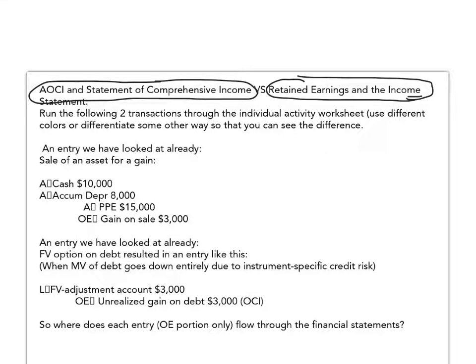So the income statement accumulates temporary accounts that are closed to retained earnings. The statement of comprehensive income also deals with temporary accounts, but these accounts are closed into AOCI. So retained earnings and AOCI act the same, but there are different temporary accounts associated with each one. So that's really the point of this activity.